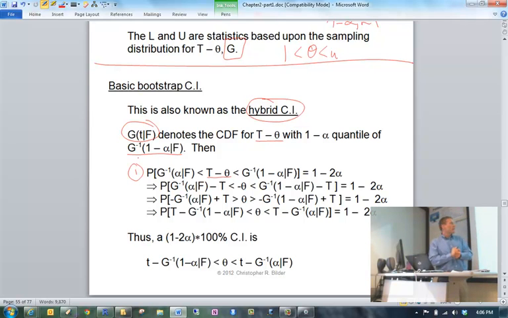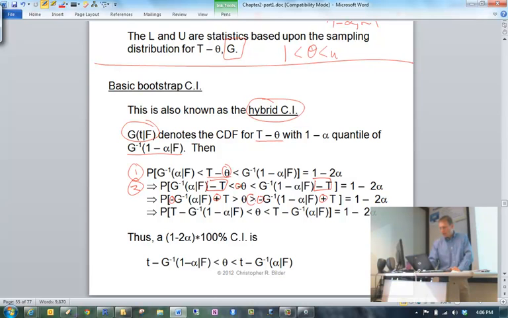Now our goal is going to be just to get theta itself in the middle of this inequality. So let's subtract T. This is step 2. Let's subtract T from all three parts, you can see inside there. And then we want to get rid of the minus in front of the theta, so we multiply through by a minus, and that changes the signs.